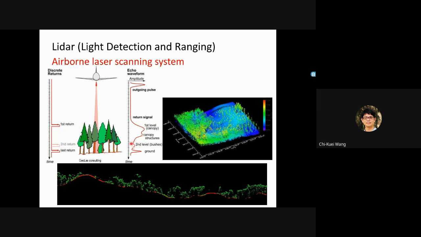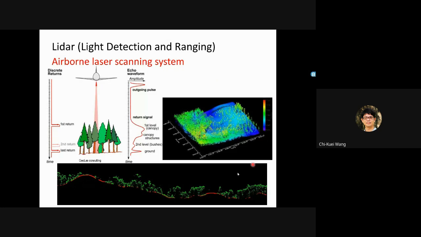For the second return, if it exists, that means something in the canopy. And then this is the last return. Last return means it's the ground. By saving only a limited number of returns, this saves quite a lot of memory space. So that's why a lot of the time we like to only save discrete returns.